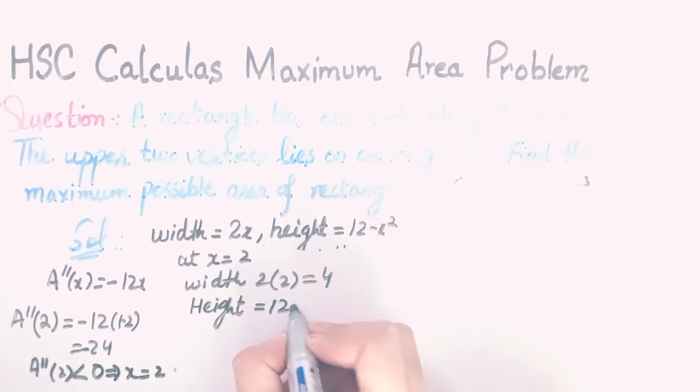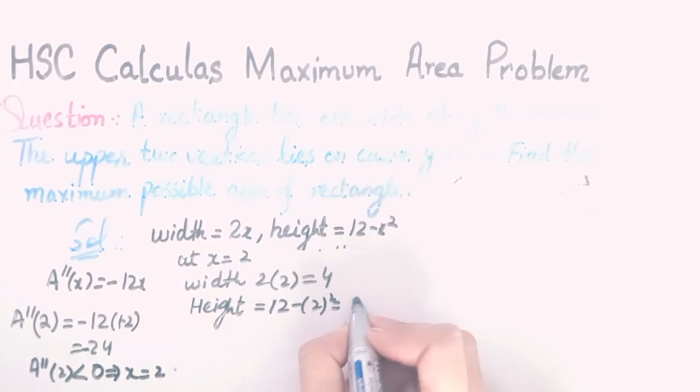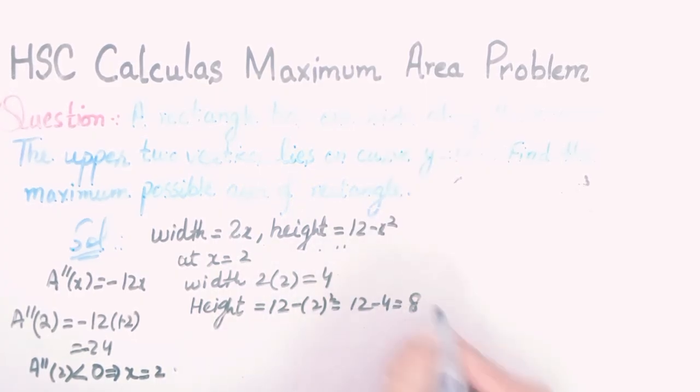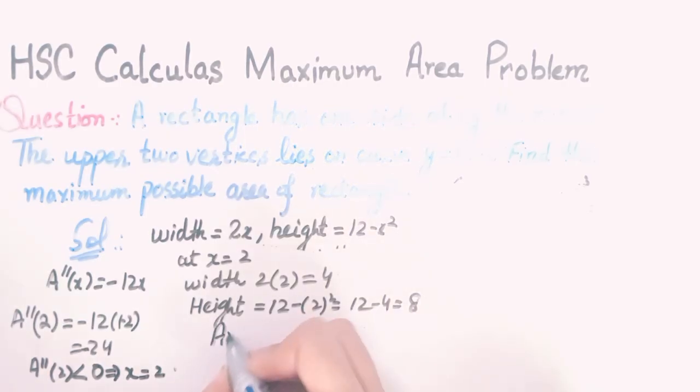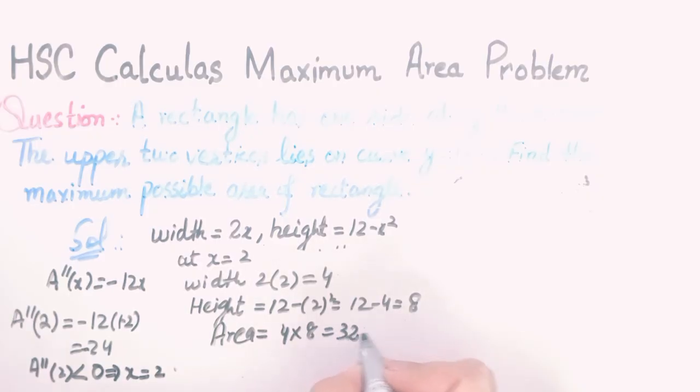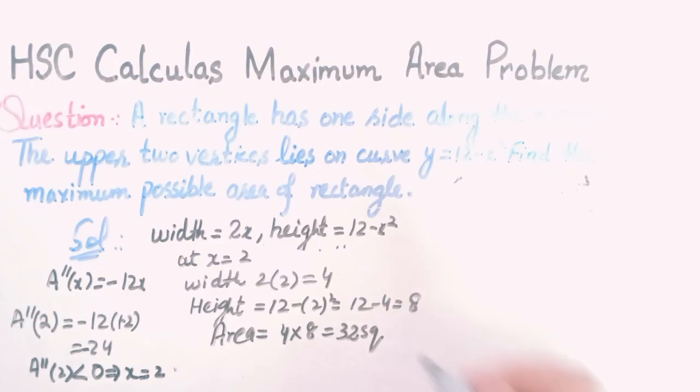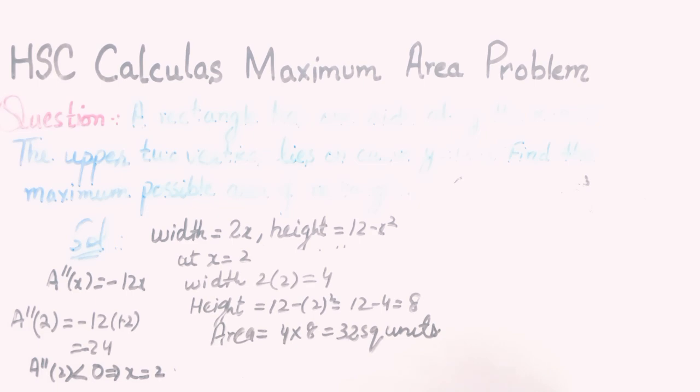Height equals 12 minus 2 squared, so 12 minus 4, that is 8. Now the area is length into width, 4 times 8, that is 32 square units. So this is the value.